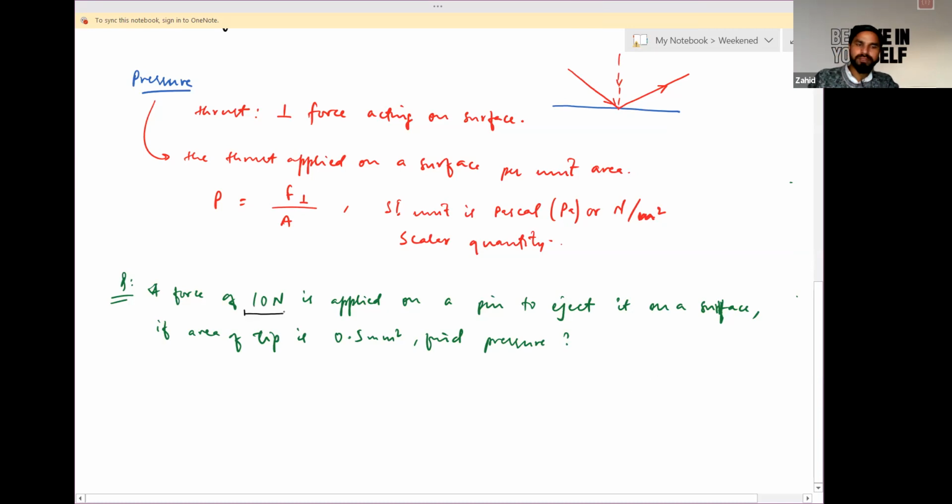We have force and area of cross section.